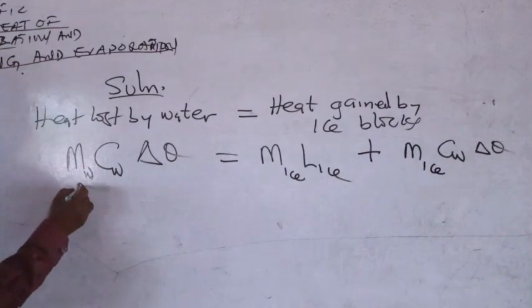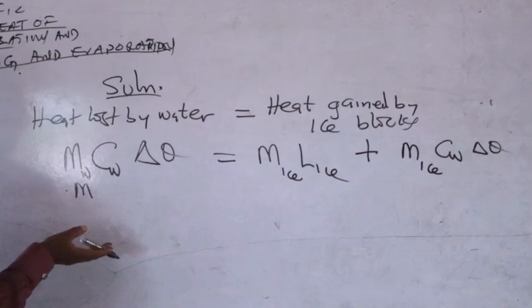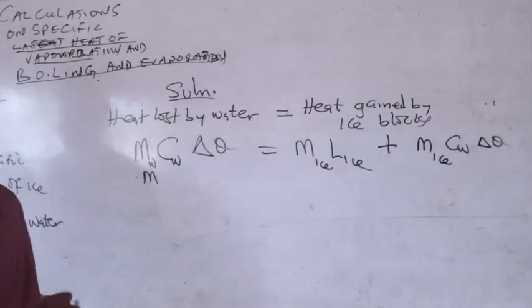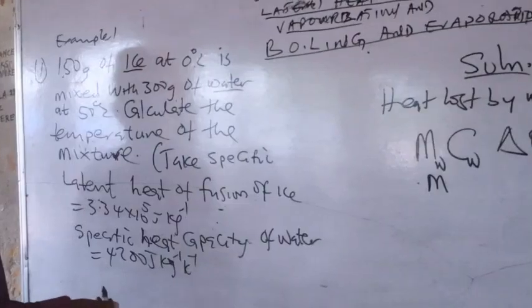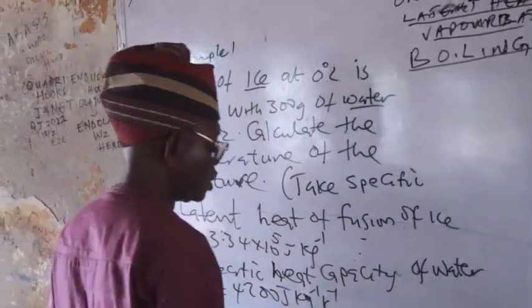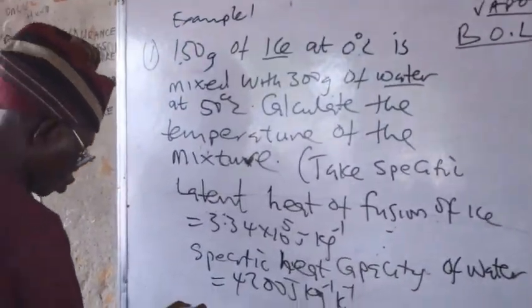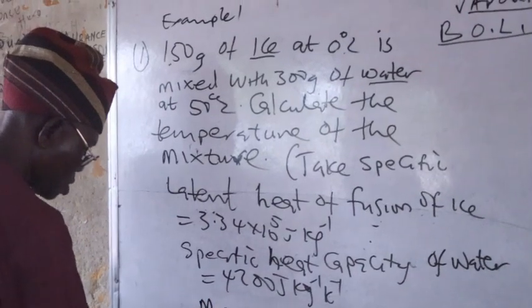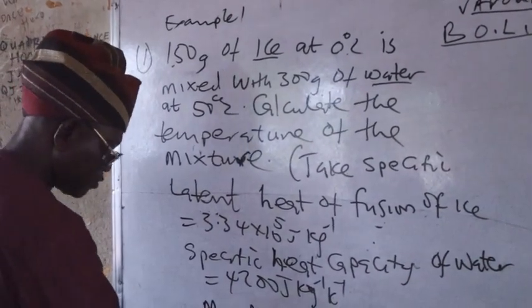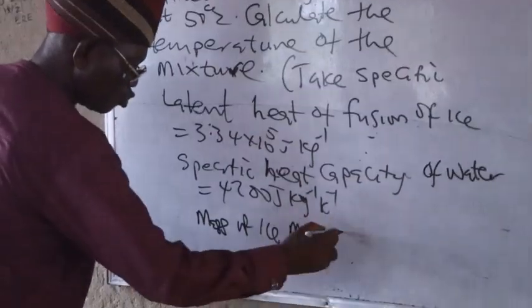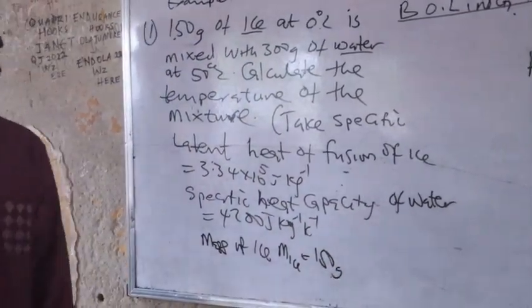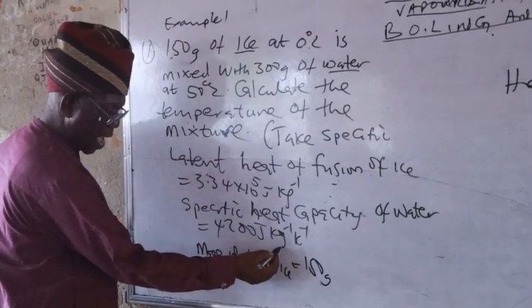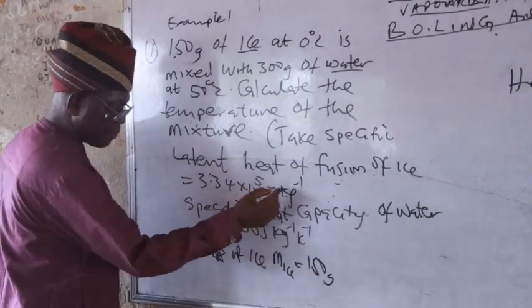So it means mass of water, you are given the mass of water. Of course, you can list those out. What is the mass of ice? Initially, you can say under solution, mass of ice, Mi, is 150 grams. I told you last class, depending on what you are supplying, all these are in kilogram.